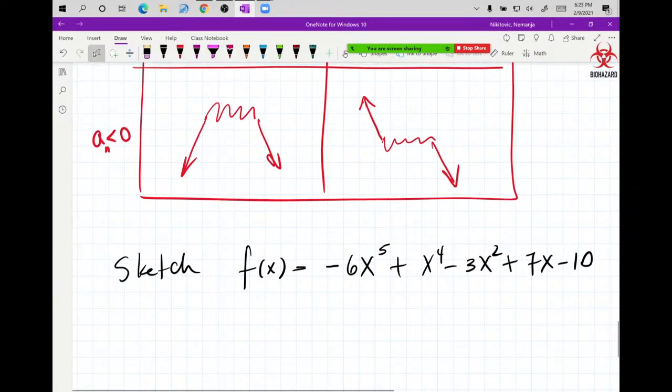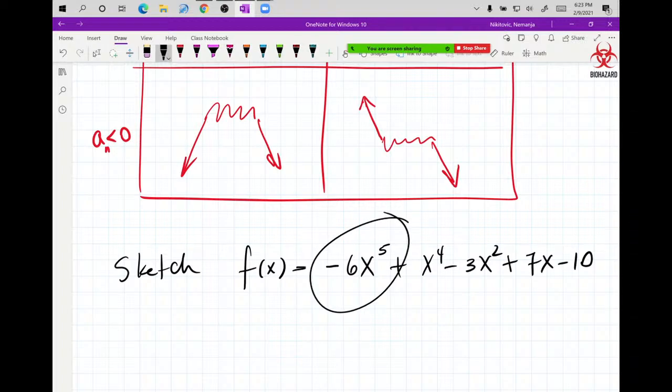The whole thing is blah, blah, blah, because that's the boss. The rest doesn't matter. For a sketch, clearly it matters for the detailed graph of the function, but for a sketch, all of that goes to garbage. You just look at the leading term.